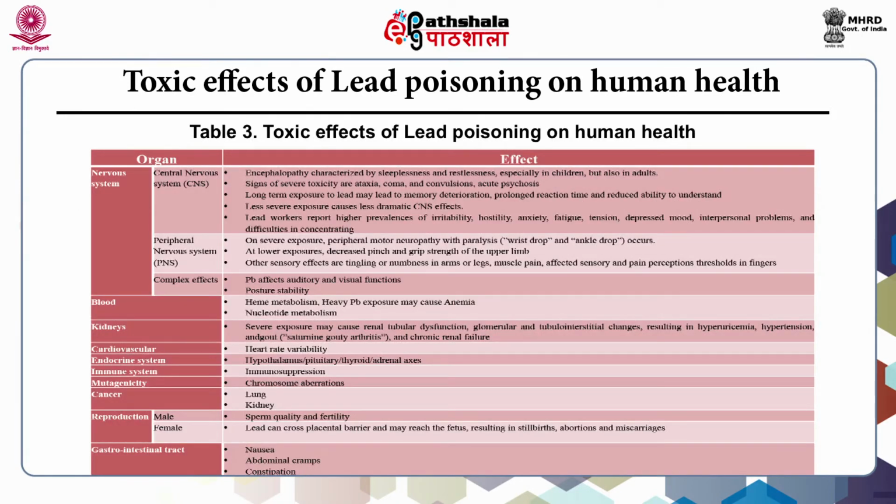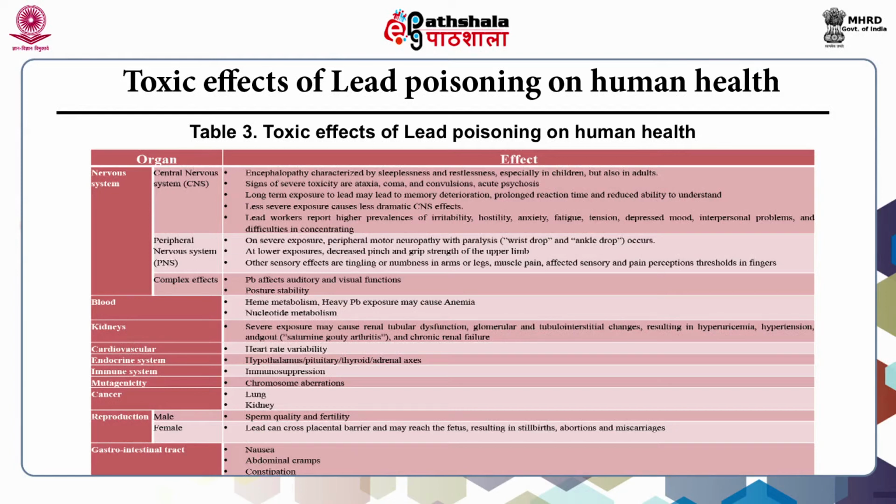This table shows the toxic effects of lead poisoning on human health. Let me discuss them one by one. First, let us take the nervous system. Lead affects the central nervous system and peripheral nervous system, and it has very complex effects on the nervous system. As far as blood is concerned, lead affects heme metabolism.